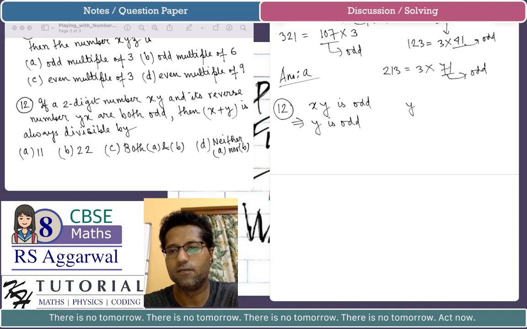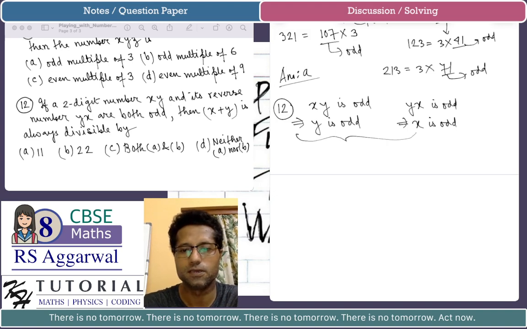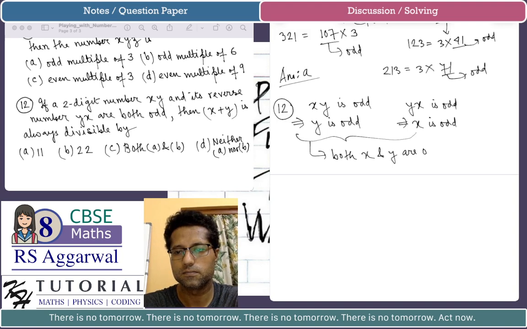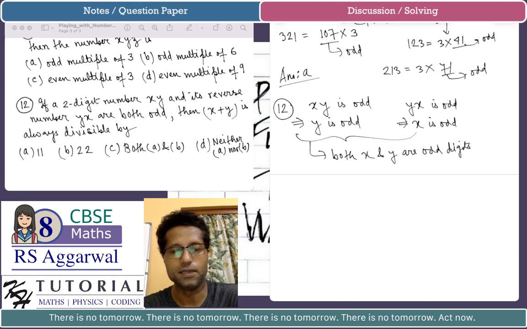Also it is given that yx, the number obtained by reversing its digits, is odd. This implies the digit at the units place of the number yx is odd, that is, x is odd. So we can say that both x and y are odd digits. So the question is, then x plus y is always divisible by?